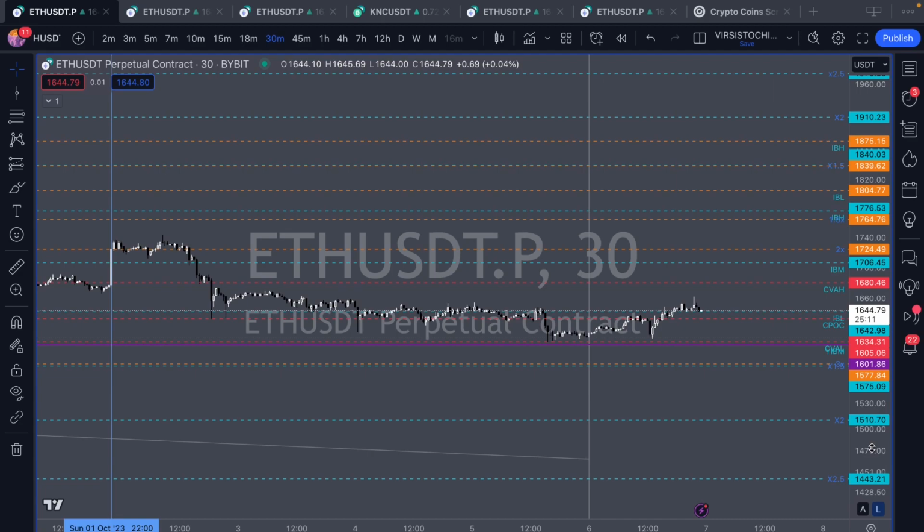Now, let's move on to something more personal. Let's look at the daily time frame, yes? This is October 1st. This indicator that I've shared in the group makes it a lot easier to not only see the initial balance.